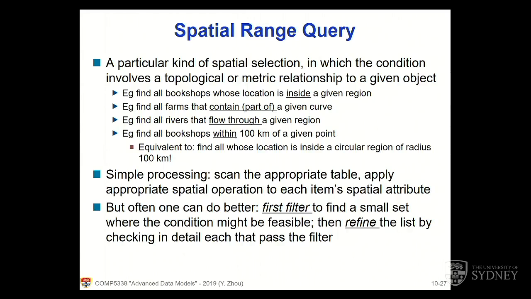The first step is a filter step to find a small set where the condition might be feasible. We can use an index to find a small set, and finding the small set usually doesn't involve very complicated spatial operations. Then we refine the result by checking that it actually satisfies the condition.